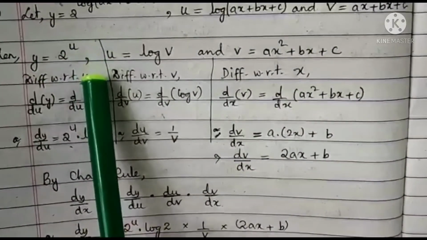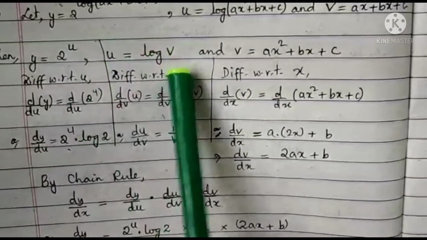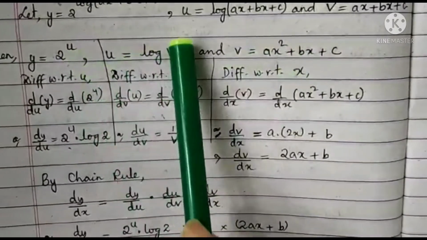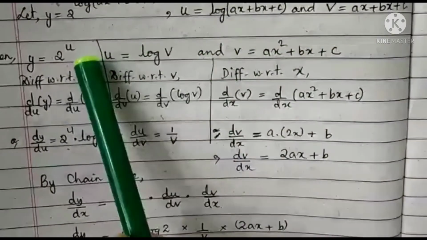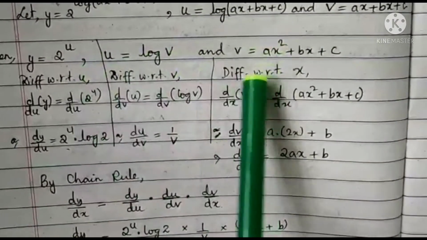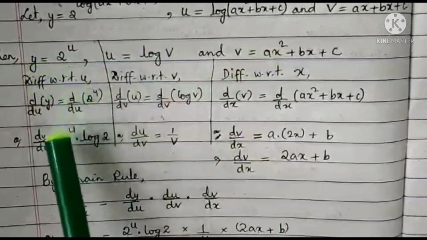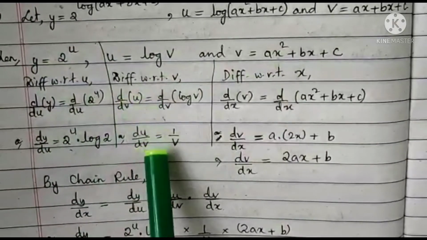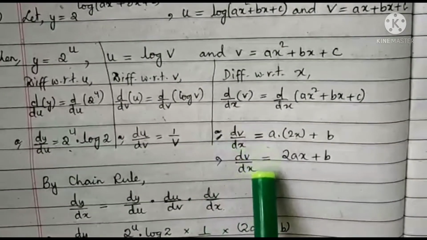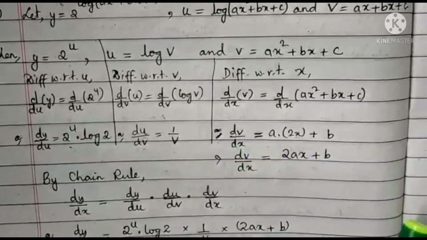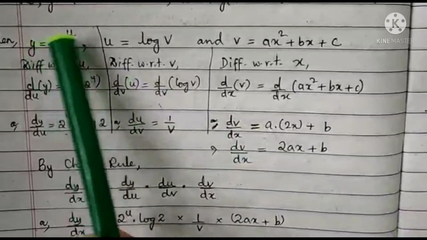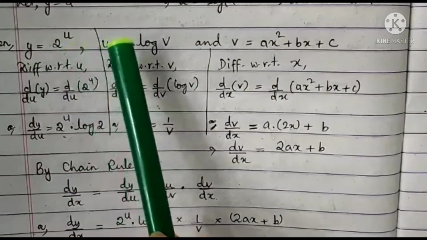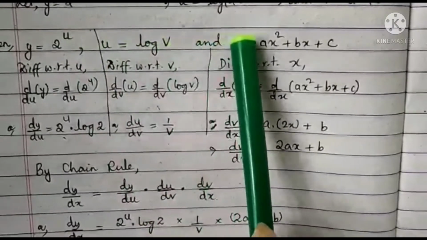Now differentiate. Differentiate with respect to u here, with respect to v here, with respect to x here. Whatever is the variable on the right hand side of the equation, differentiate with respect to that variable. Now on differentiation, you got the value of dy by du as this much, du by dv as this much, and dv by dx as this much. Now by chain rule, I know that dy by dx is dy by du into du by dv into dv by dx.